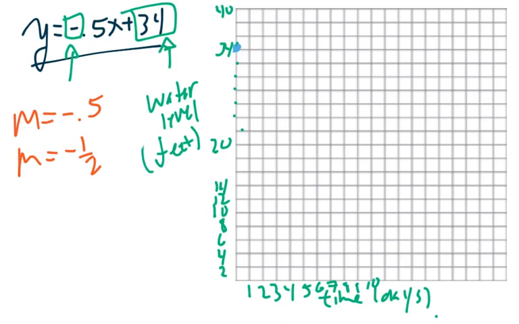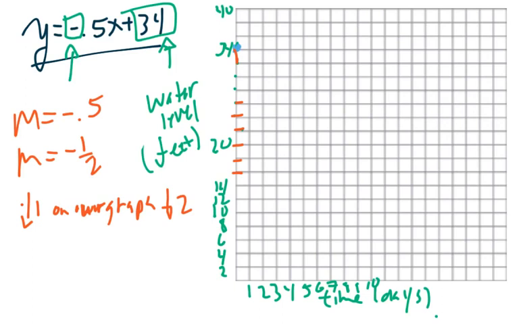Now if we go down 1 on our graph, that's not the same as going down 1, because each line, or our interval, is worth 2. So if we go down 1 on our graph, it means we're going down 2.